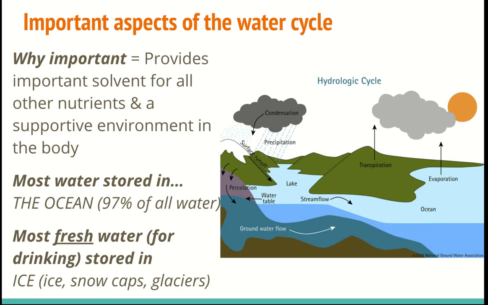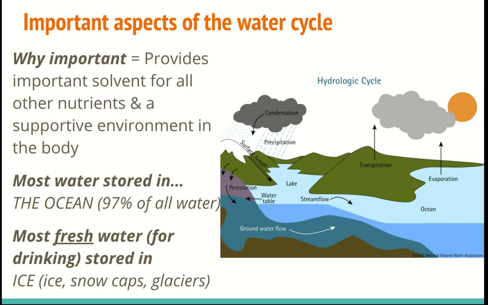So our cells rely on water to access things. In addition, water helps provide the supportive environment of our cells and surrounding our cells, keeping them protected. So our bodies really rely on having lots of water in them in order to maintain the cells we need for life. And that water also provides the environment for any molecules we need for life, like proteins, carbohydrates, or lipids, to act the way they do.